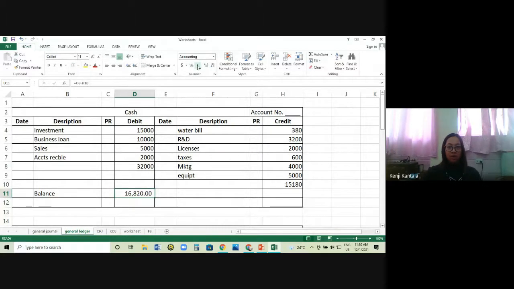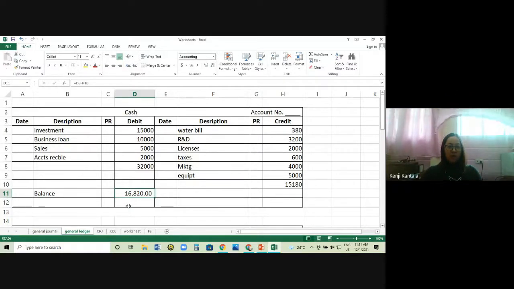Okay, so after doing this, you need to check yung sa actual cash balance mo. So, i-add mo kung magkano yung cash on hand mo, i-add mo kung magkano yung cash in bank mo. So, dapat magtutugma yan dito sa records natin. So, since we have 16,820 on our records, dapat kapag pinag-add mo din yung lahat ng cash mo, you would have 16,820.